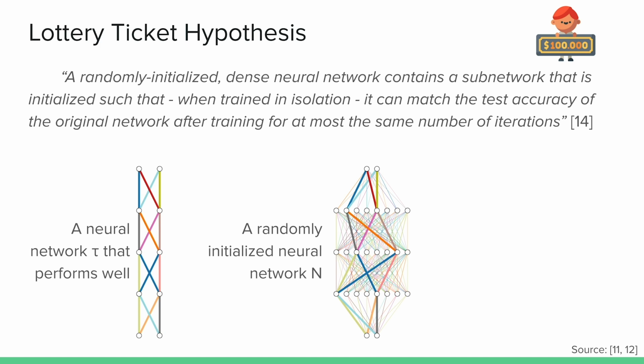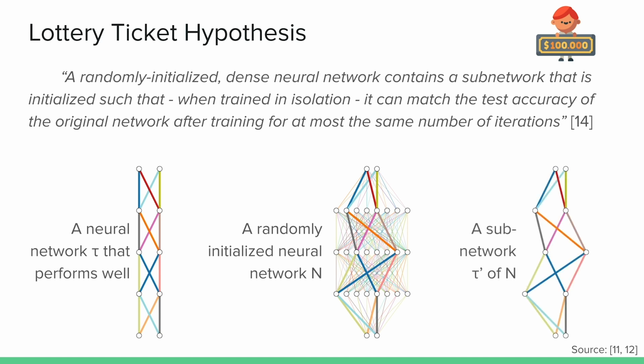So the lottery hypothesis is that if we have a dense neural network, some of those neurons inside here are initialized in such a way that they perform very well and basically allow us to train very efficiently.